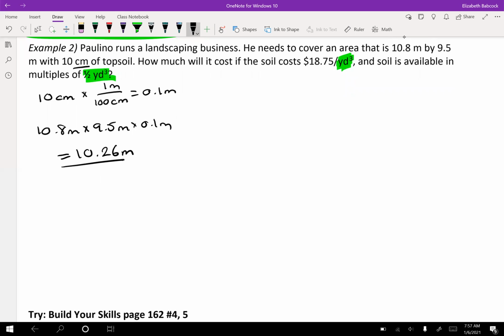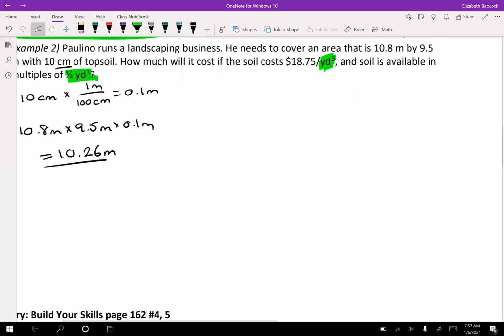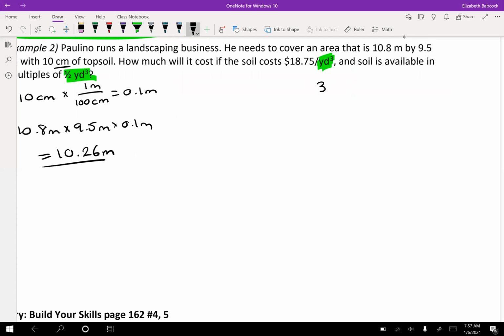However, now we need to find out how many meters equals how many yards. So we know 3 yards is 1 meter. Remember, on your formula sheet, it has all the conversions on it as well that you could possibly need. Okay. So if we want to square it, we have to square each number.